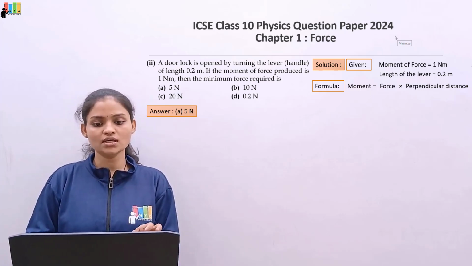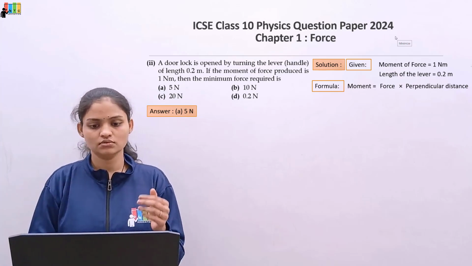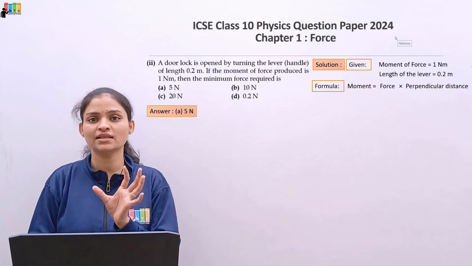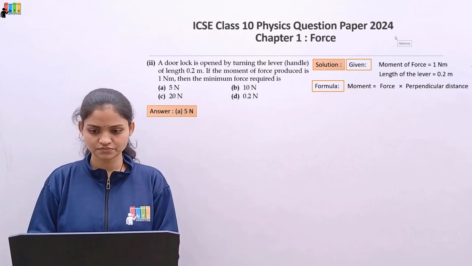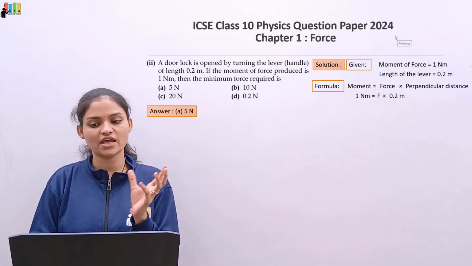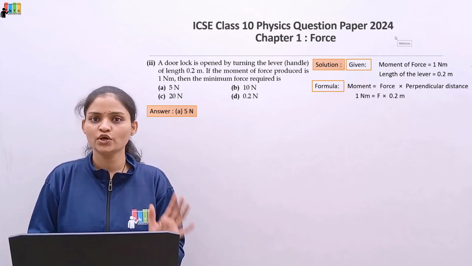So a door lock is opened by turning a lever. Okay, so we will take that perpendicular distance to mean the length of the handle. Moment is given, 1 Newton meter. Force we have to find out, and perpendicular distance is given, 0.2 meter.